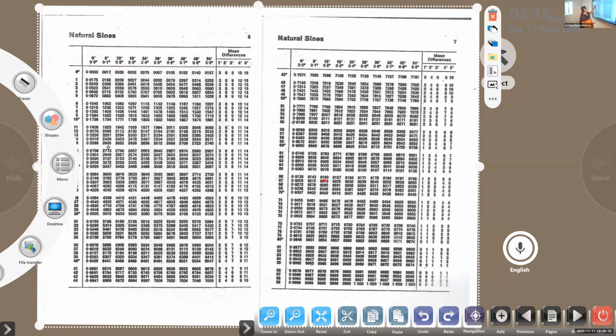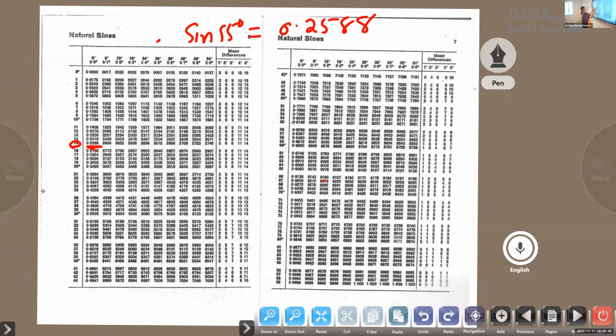Now, just imagine you are getting 15.5 degree. It's not a whole number, but 15.5 degree. Then look for 15 and under 0.5 degree, there is a value given. Okay, 2678. So our answer is going to be corresponding 2672. So that is sine theta.